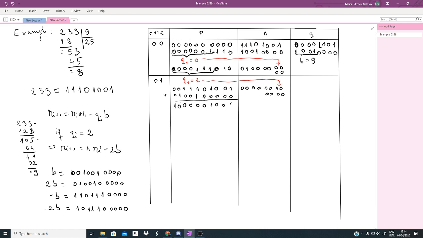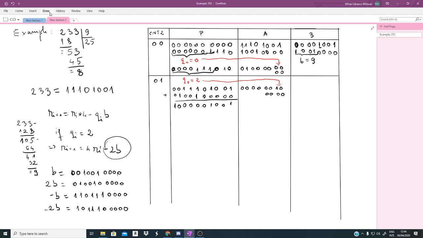Now something is wrong here. Yeah, stupid me again. I said that it's minus 2b, and yet I added 2b.